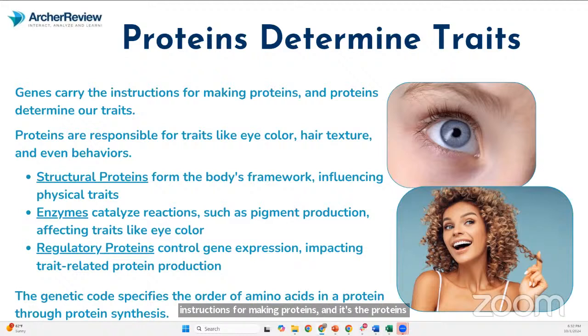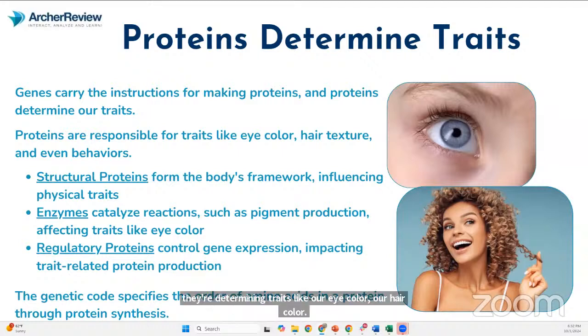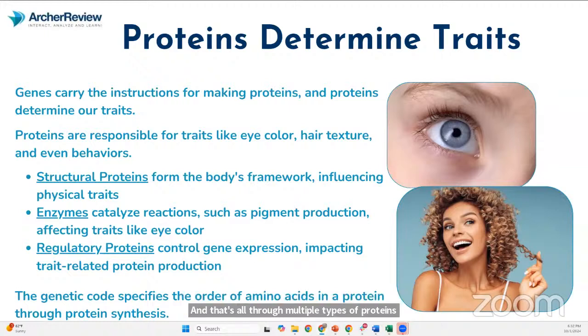So they're determining traits like our eye color, our hair color, and that's all through multiple types of proteins. Structural proteins are responsible for our body's framework. Enzymes, like we've talked about quite a bit, can catalyze pigment production, which impacts our eye color. And then regulatory proteins, like I talked about with cell differentiation, help control when genes get activated or deactivated, and those all direct our traits.